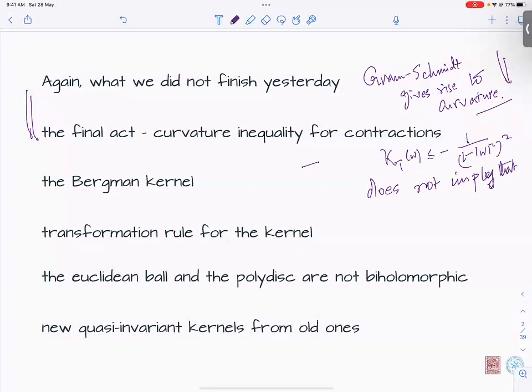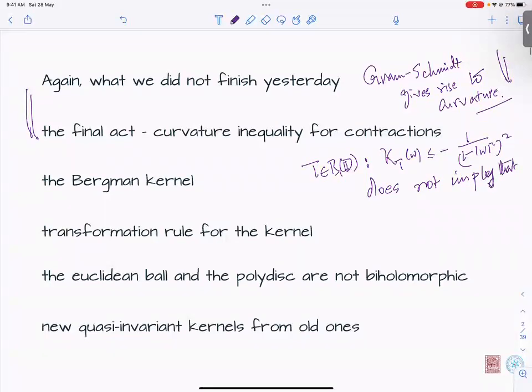So if you have T in B1 of the disk such that the curvature of T satisfies this, it does not imply that T is a contraction. So this does not happen.